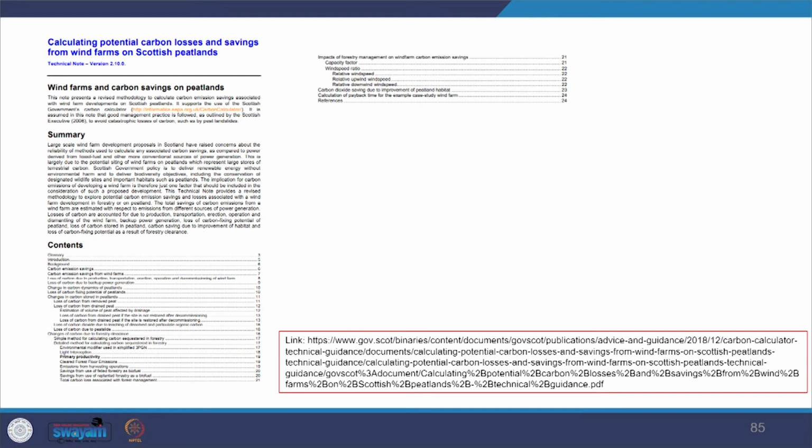This particular calculator is very helpful in establishing the environmental baseline for such projects. It gives you the carbon calculator tool in the form of an Excel spreadsheet, so you can calculate these things. I've put the technical notes here for your reference.